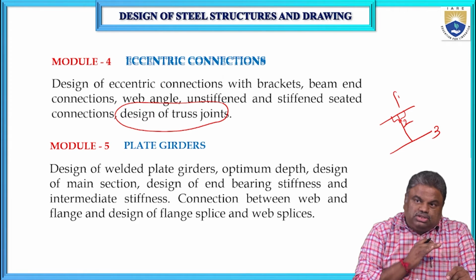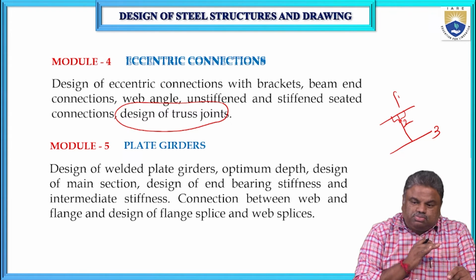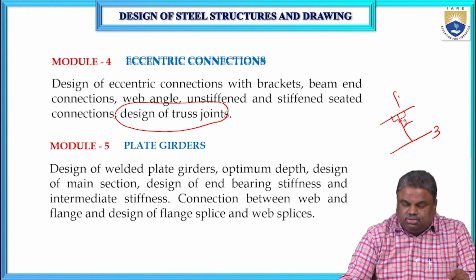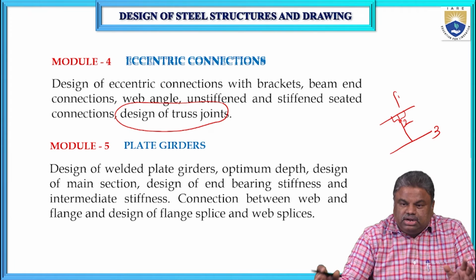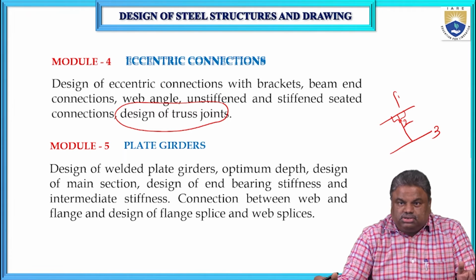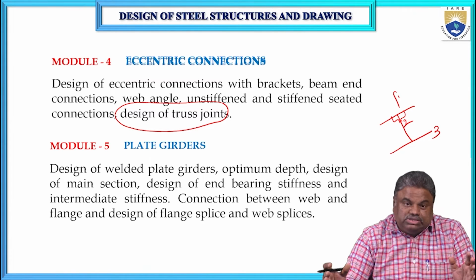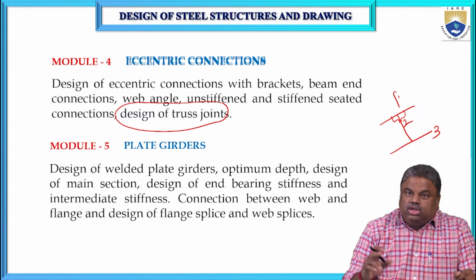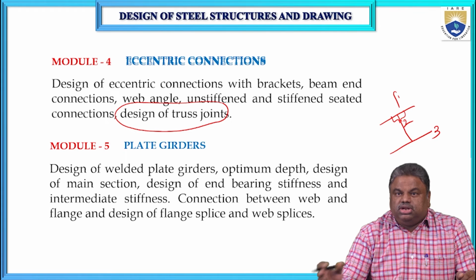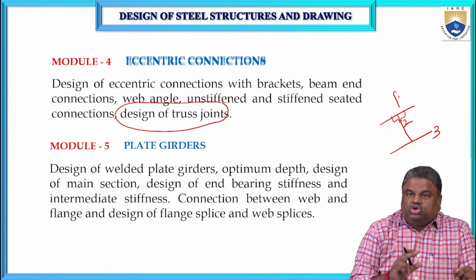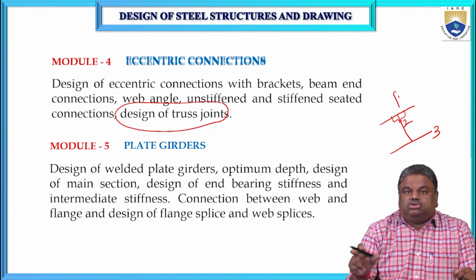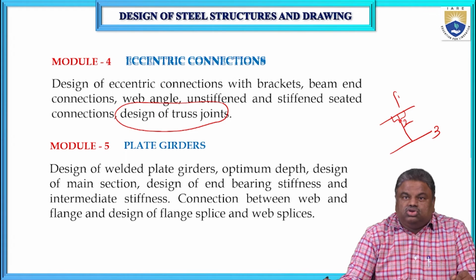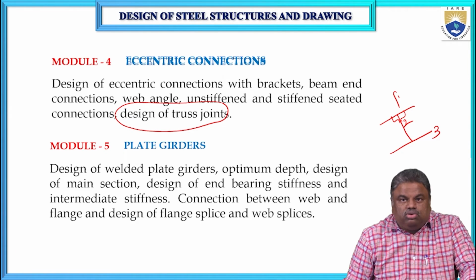For example, the span of the beam is 40 meters, but the plate is available only up to 20 meters. The maximum length of the plate available is only 20 meters. So for the remaining 20 meters, we need to connect 2 plates. We need to design this for the web portion and also for the flange portion. Those things we will see in module 5.